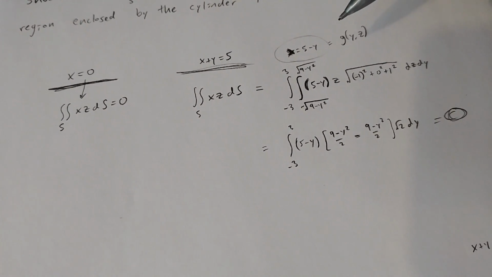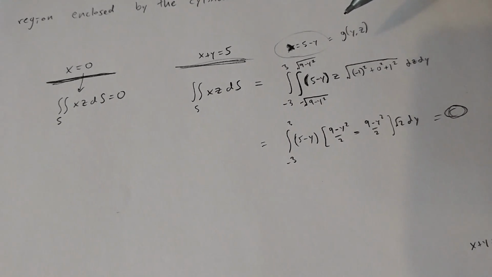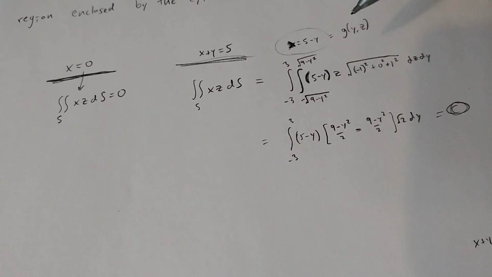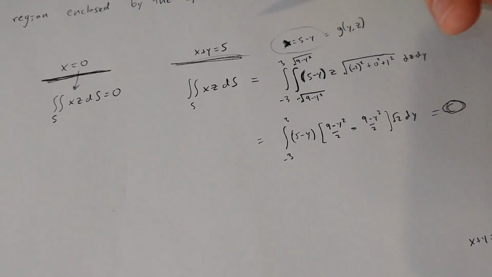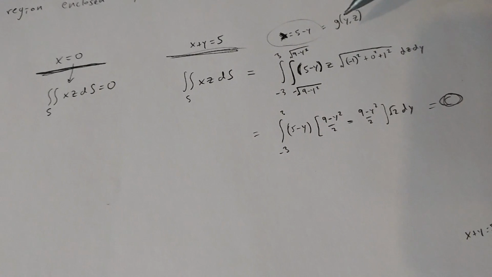But instead of doing z in terms of x and y, actually here I'm doing x in terms of y and z. So pretty much you just move the y over and you have x in terms of y and z.